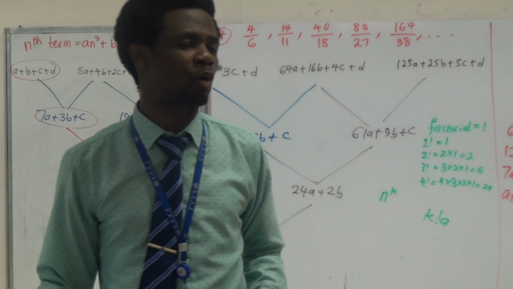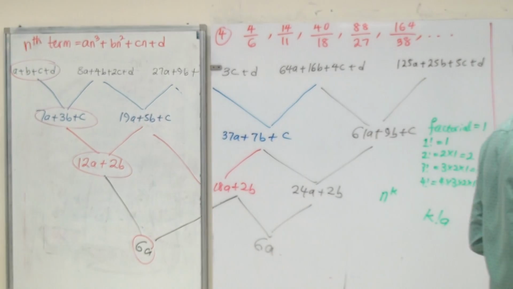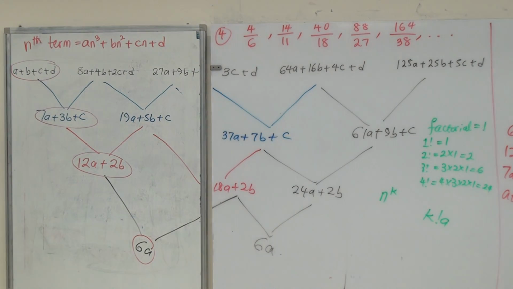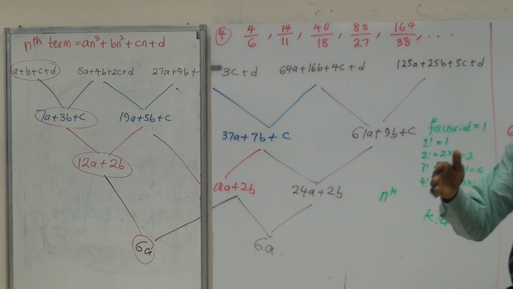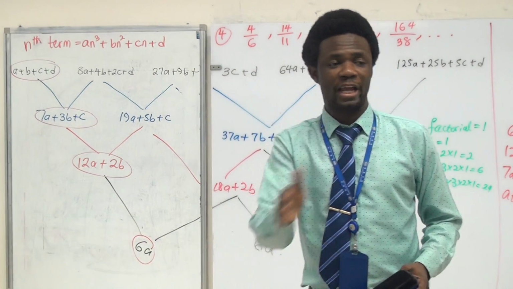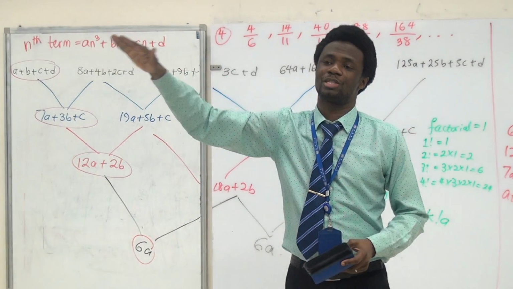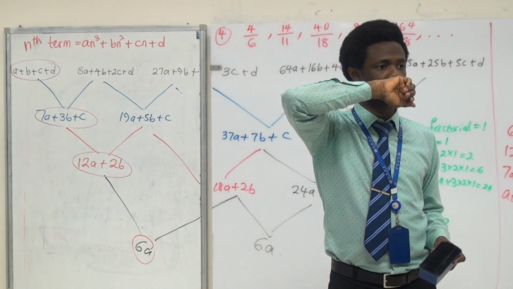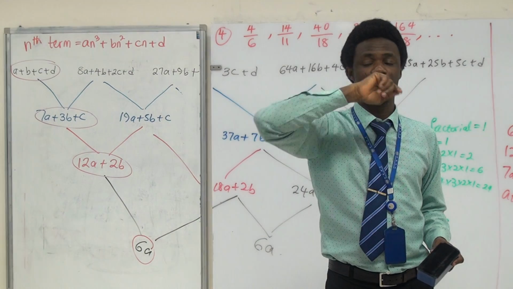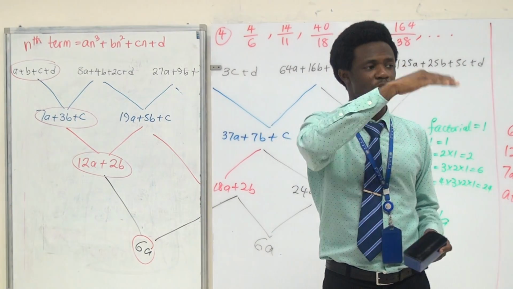So how do you know a sequence is linear? If the first difference is the same.